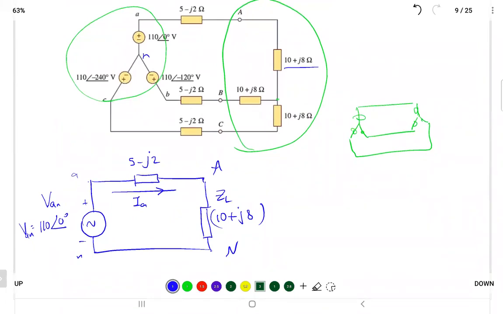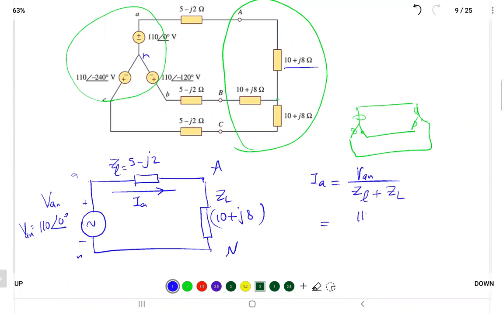To get the line current, it's just IA. It's the line current already. So you find the total impedance, and you divide the voltage by the total impedance to get the current. It's done. So IA will be equal to the voltage VAN divided by the transmission line impedance plus the impedance of the load, all per phase.